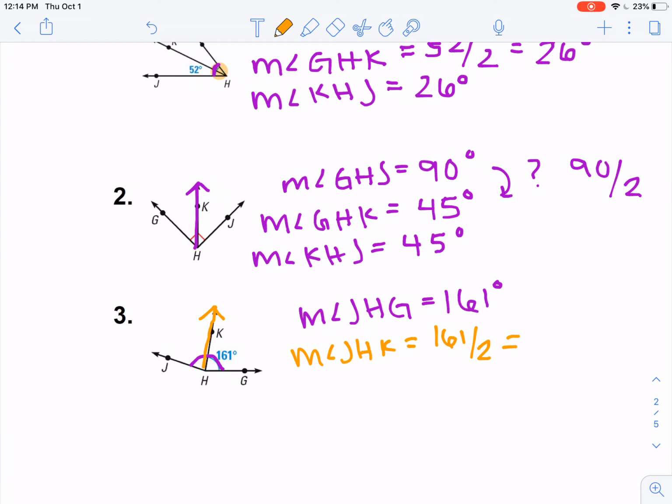Now this doesn't come out evenly, and that's okay. You can have a decimal. 161 divided by 2 is going to be 80.5 degrees. And we know that if one half is 80.5, then the other one is going to be as well. The measure of angle KHG is 80.5 degrees.